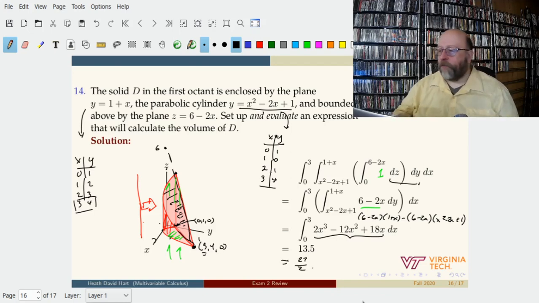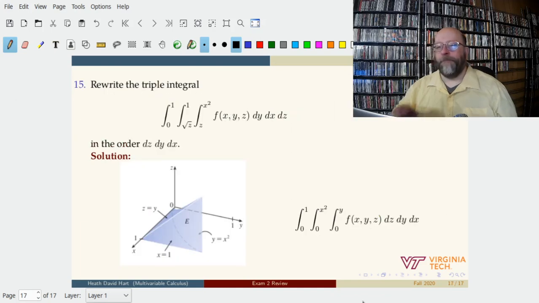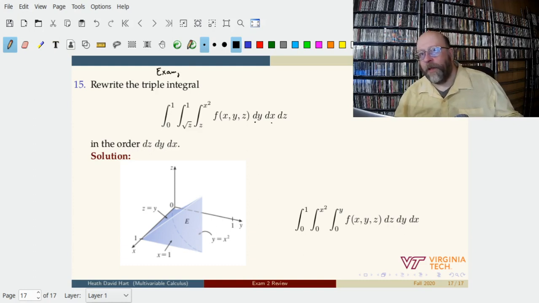All right, last question. Let's go ahead and finish this up. Let's rewrite this triple integral, dy, dx, dz, in this order here. By the way, example 4 in section 15.6 of the book starts with this answer and has you convert it this way.